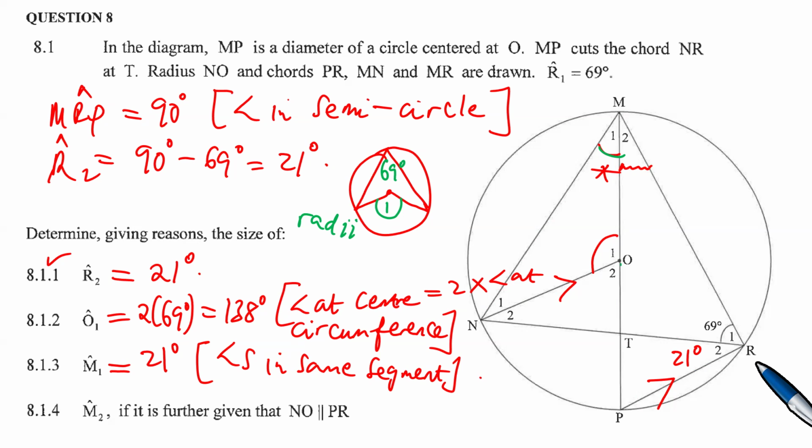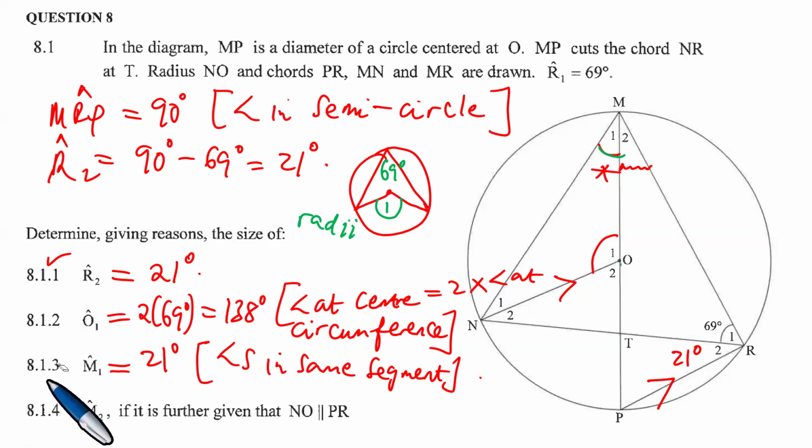The triangle you get when you do the angle at center is equal to 2 times angle at circumference. Okay, I hear you. That sounds awesome. That looks marvelous.